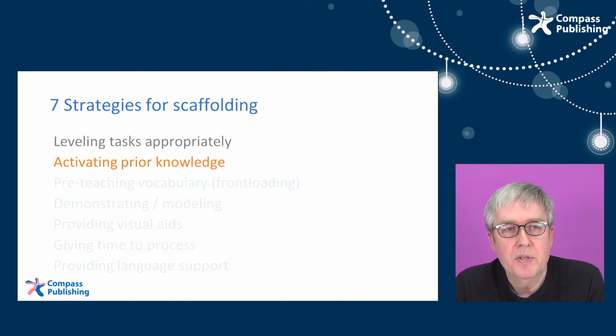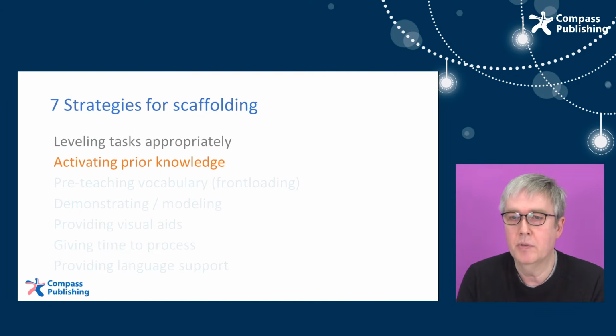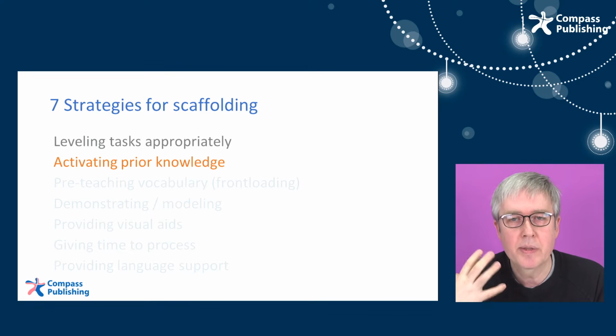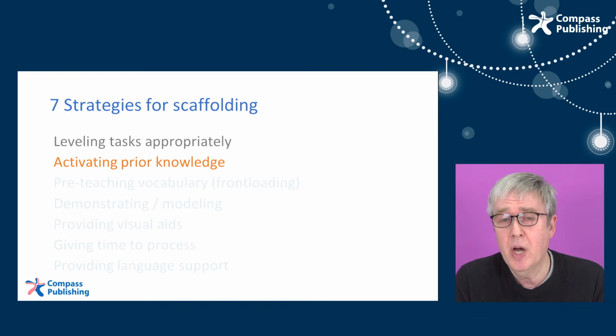Let's talk about the second strategy for scaffolding. This is activating prior knowledge. So let's say we have a reading about dogs, how dogs originated from wolves. If we just throw our students into that reading without preparing them mentally for that, lower level students, maybe even higher level students, could struggle with understanding the reading.